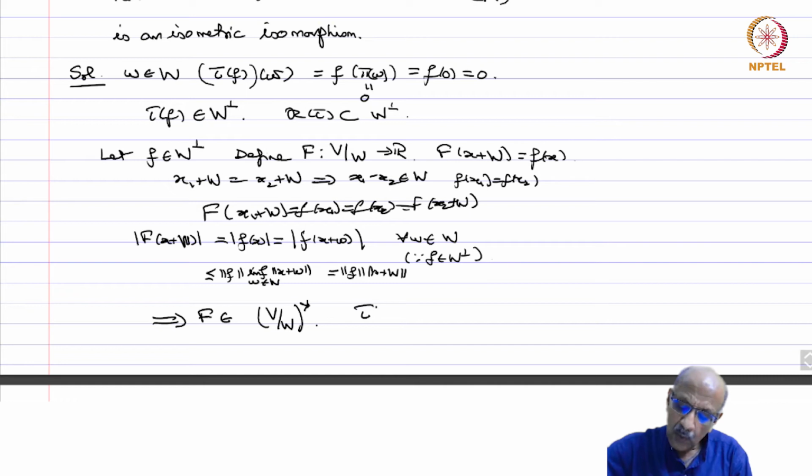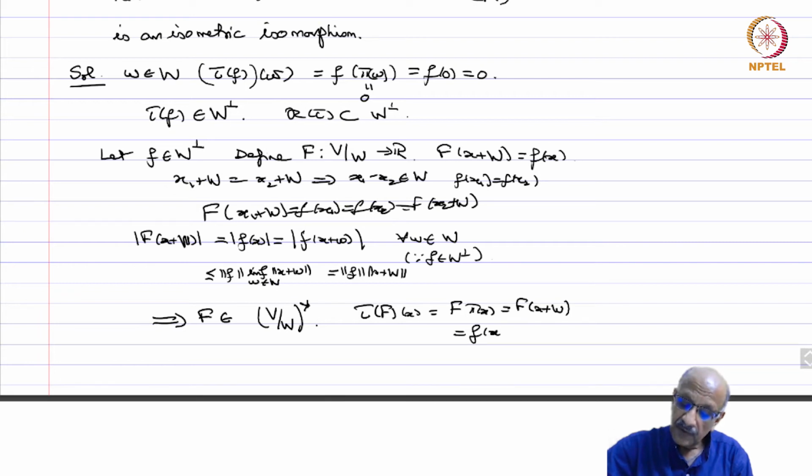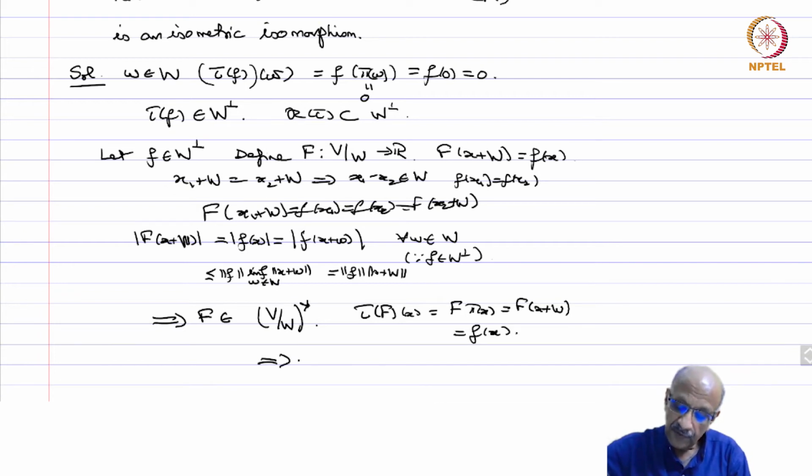And what is tau F at x? This is nothing but F of pi of x, that is equal to F of x plus W, and that is equal to f of x, and therefore tau F equals f. So this implies that tau is onto.